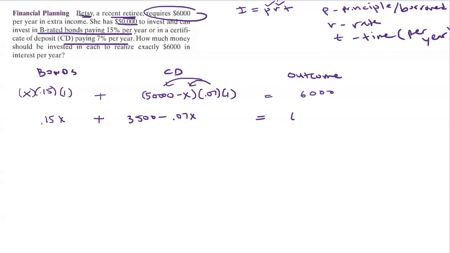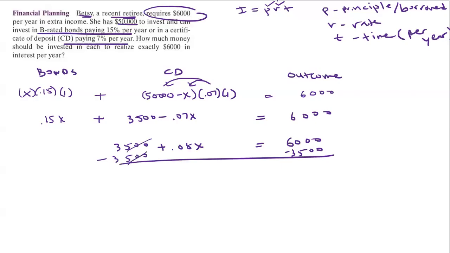And it's still equal to $6,000. Okay, and then we just combine like terms. So we have 0.15, and this is minus 0.07. So that's going to give us 0.08x. And we still got the 3,500. So let's put that in the front. Okay, so we got 3,500 plus 0.08x equals $6,000. Okay, then we're going to subtract 3,500 on both sides.